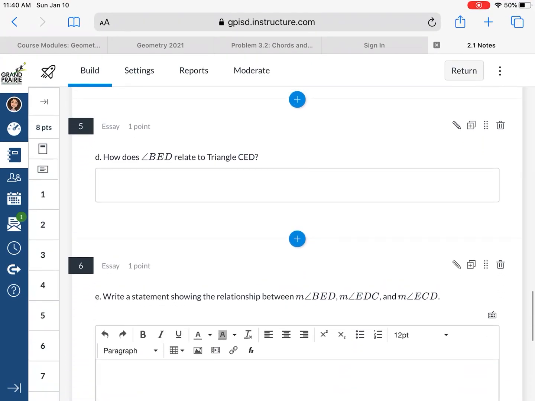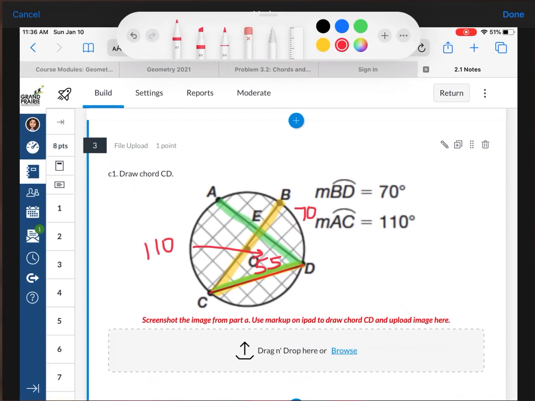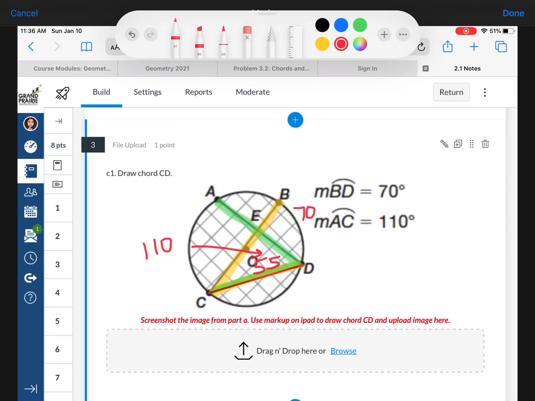Moving on to question 5. It says, how does the measure of angle BED relate to triangle CED? So let's go back to our picture and see if we can find how those two are related. Let me erase some of this information.